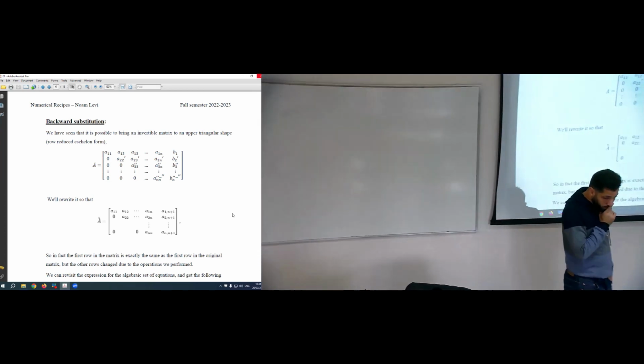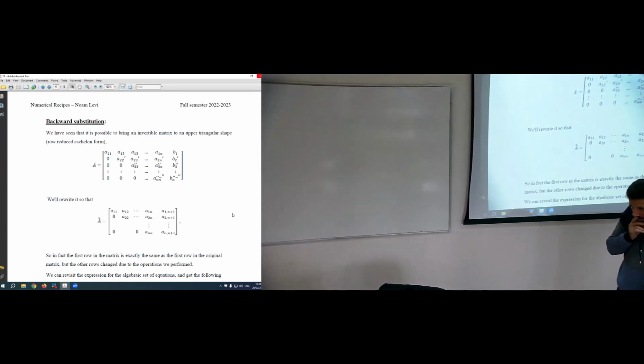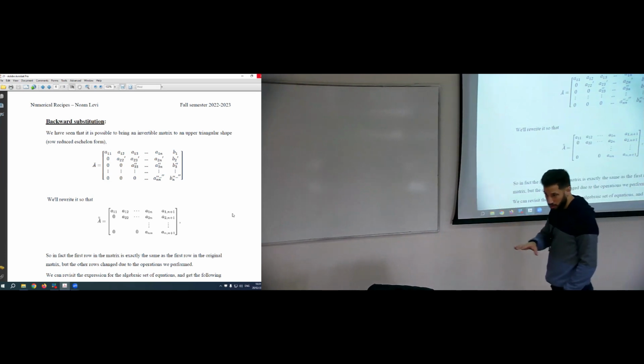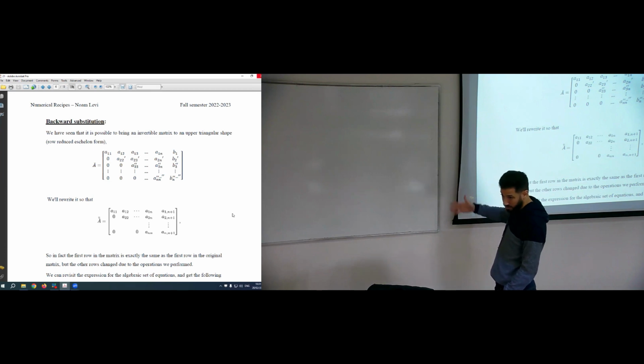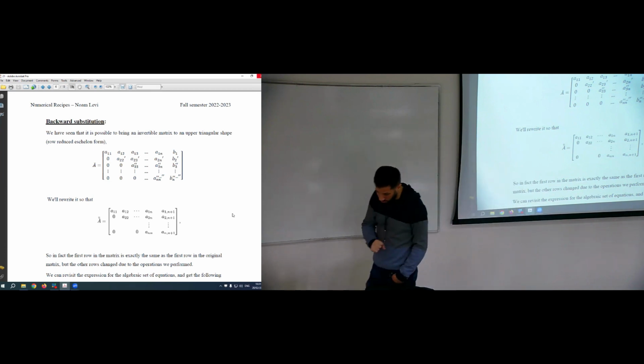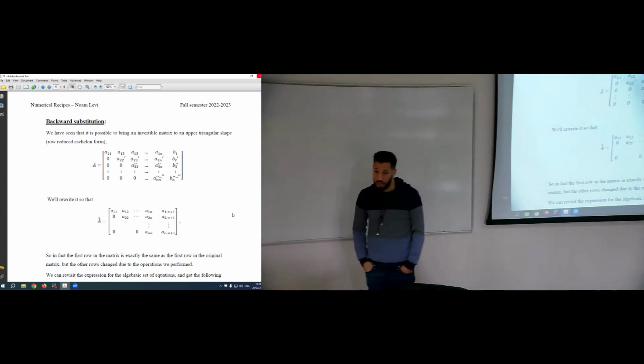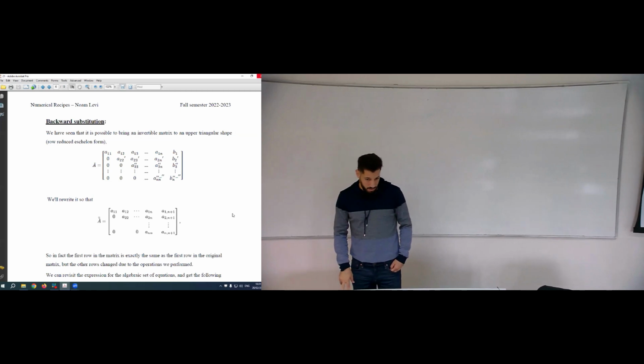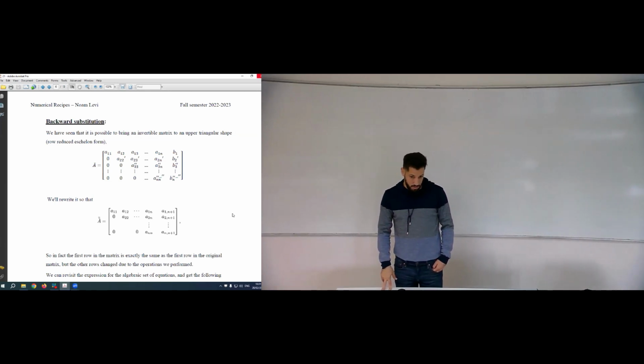Why do you want to bring it to an upper triangular shape instead of a canonical shape? Because that's the midway. After this midway, I can continue, or I can stop there and use this method of backward substitution, which costs me less in many cases. That's a canonical solution.